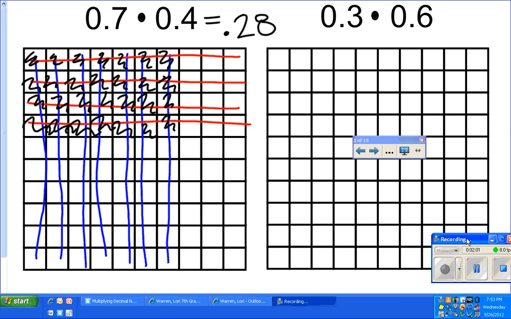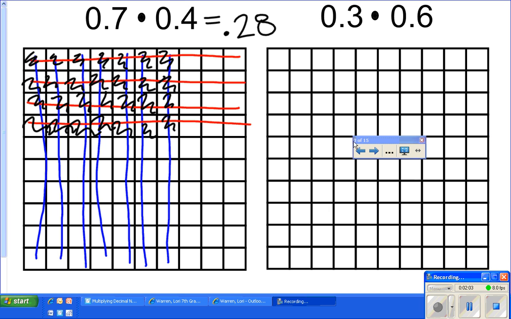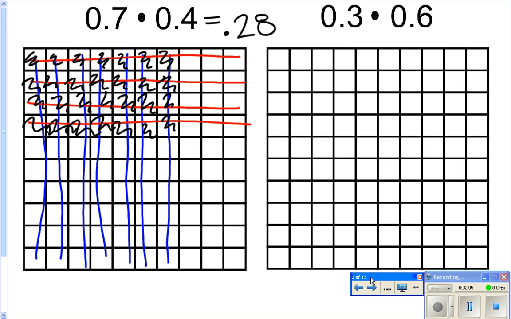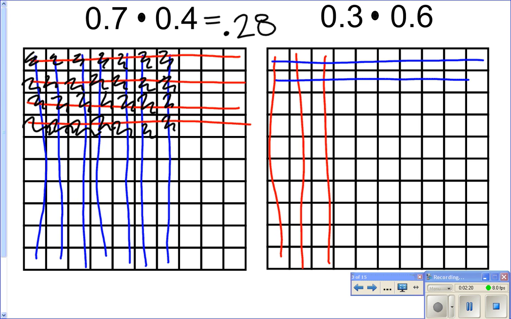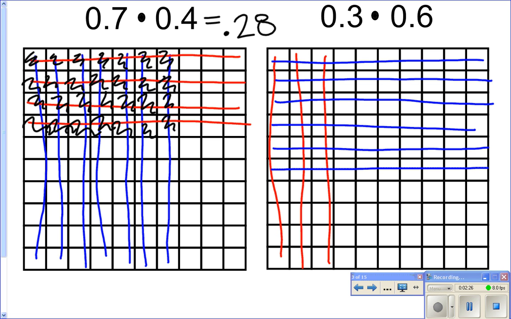Okay, we're going to do some more together, and I want you to think about what is happening, what you are doing when you're coloring in. This next one is 3/10, so we're going to shade in 3 columns, 1, 2, 3, and 6 rows, 1, 2, 3, 4, 5, 6.